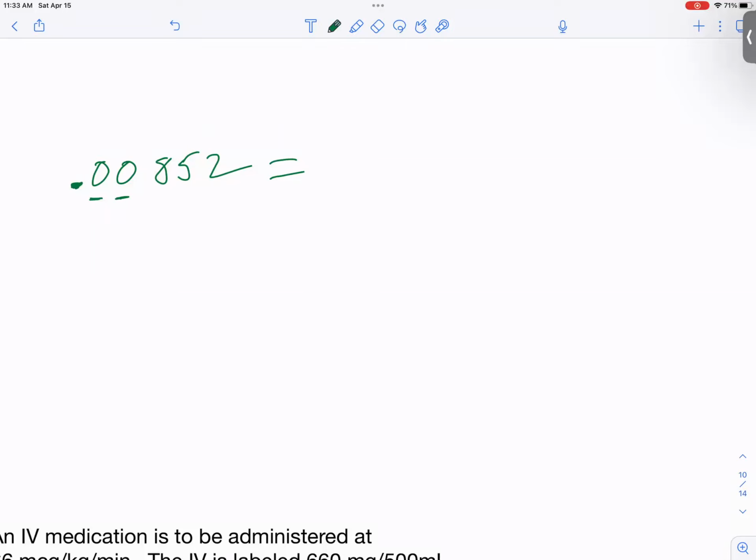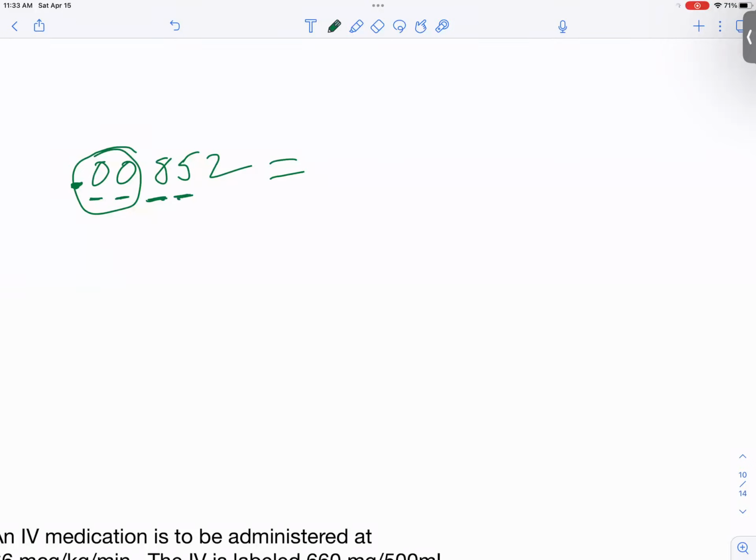But are zeros significant numbers? No. So that's the problem. We have to round to 2 significant numbers. The next significant numbers are 8 and 5. Zeros are not a significant number. You can't say the answer is 0.00 or 0.01. You have to find significant numbers.